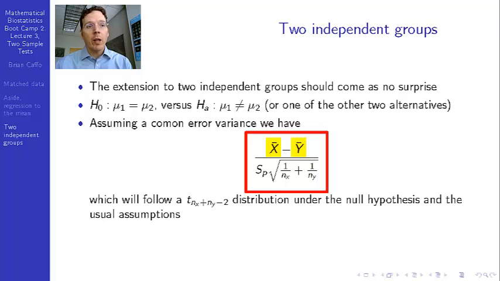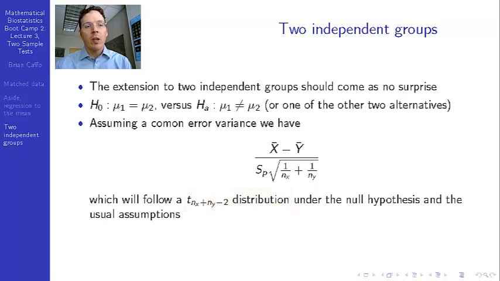And then the standard error of x bar minus y bar is the common standard deviation across each group times the square root of 1 over the sample size in the first group plus 1 over the sample size in the second group. I hope everyone's capable of deriving that. And this follows a t distribution with nx plus ny minus 2 degrees of freedom under the null hypothesis and the usual assumptions.